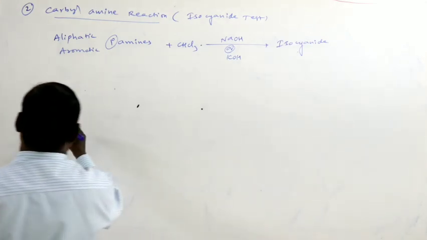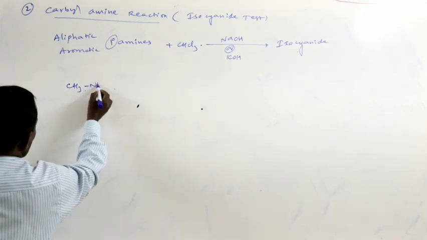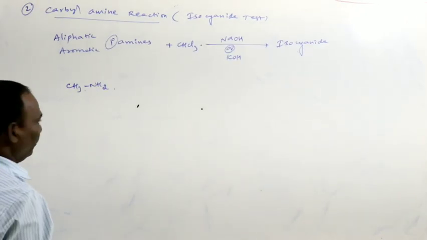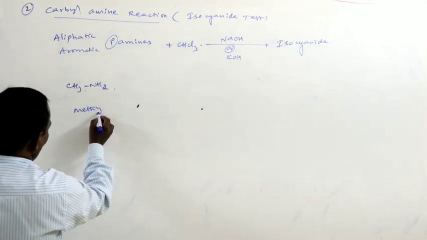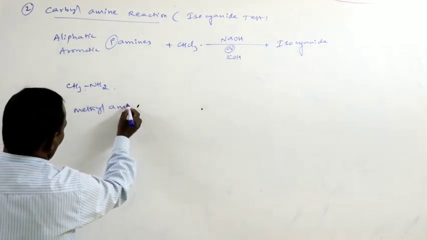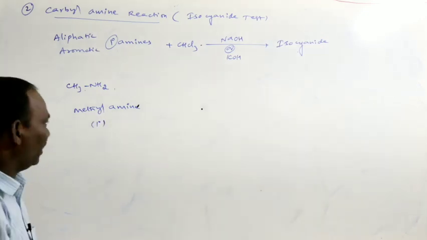For example, methylamine, CH3NH2. It is an aliphatic primary amine.